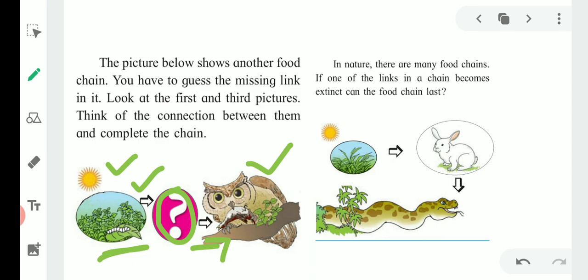If one of the links in a chain becomes extinct, can the food chain be lost? Here is the question.